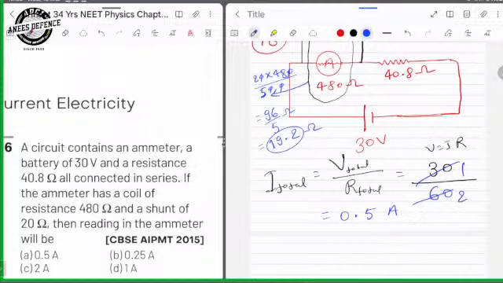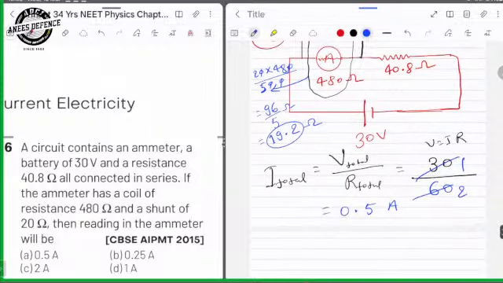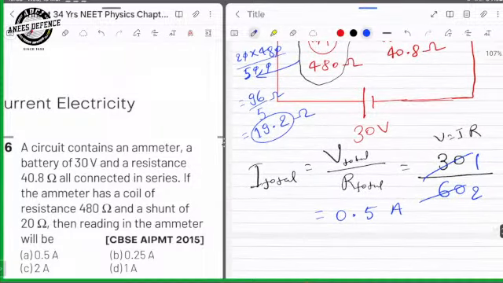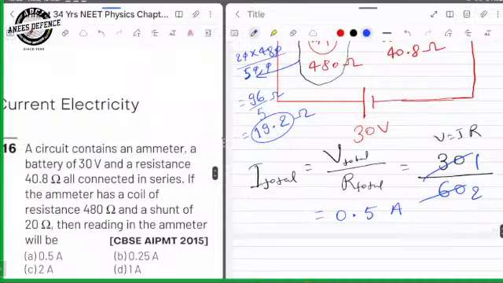Yes or no? So current flowing is 0.5 ampere. So the reading will be 0.5 ampere. Yes or no? Are you getting it? Getting, sir.